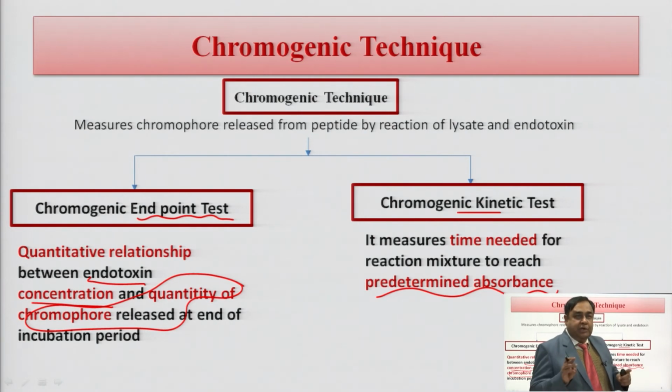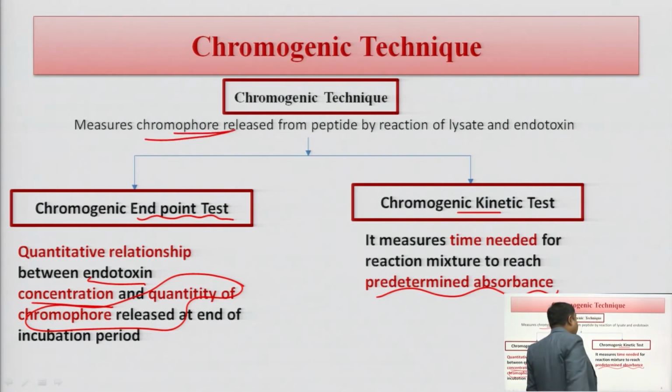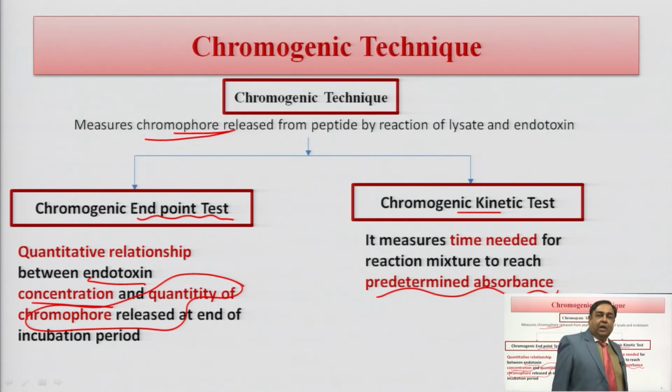So, the chromogenic technique measures the amount of chromophore released from the peptide by the reaction between the lysate and the endotoxin. Basically, what we do is we are measuring the chromophore.